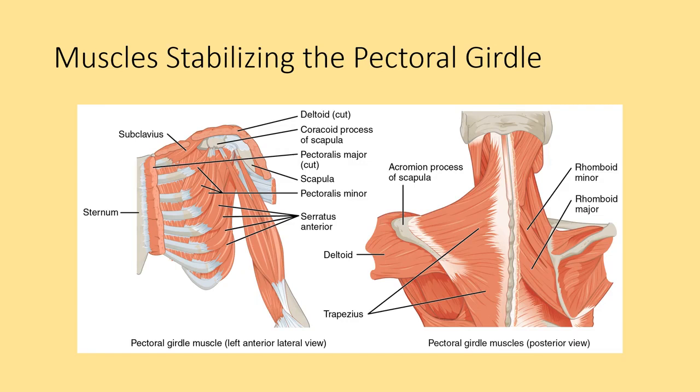The pectoral girdle, the shoulder joint. There's a lot of muscles there, and this is showing some of them that are helping to stabilize that. Remember, with joints, there's a give and take. The more flexibility you have at a joint to allow for greater movement, like what you see with the shoulder, the thing you're going to give up with that is stability.